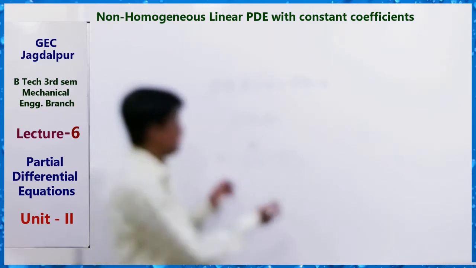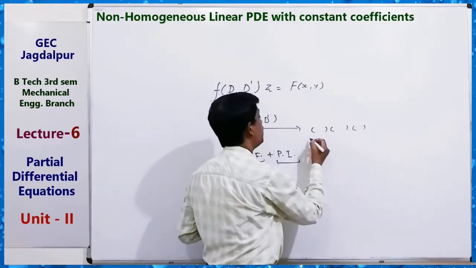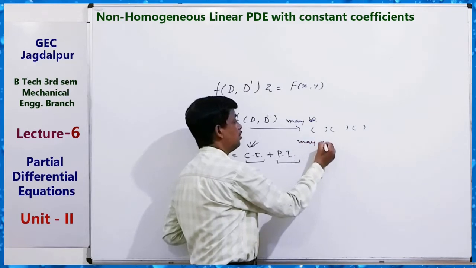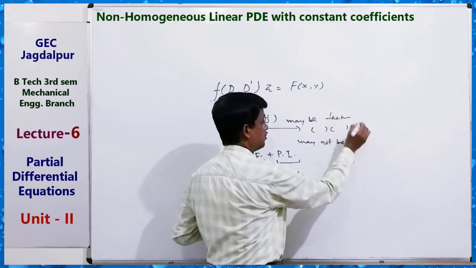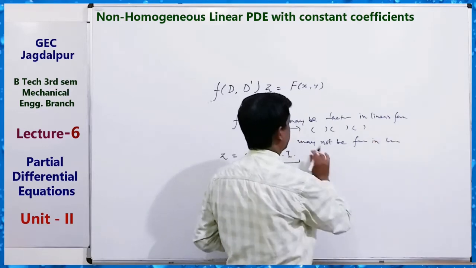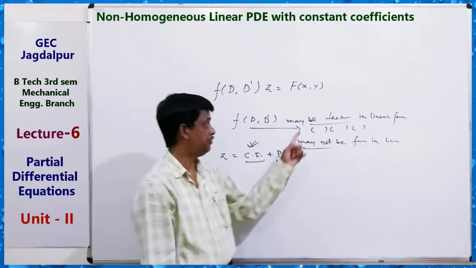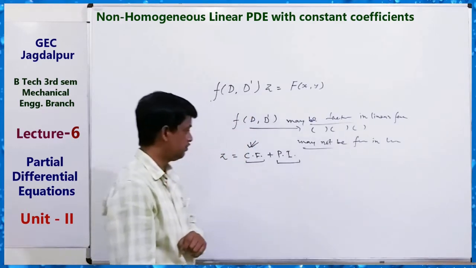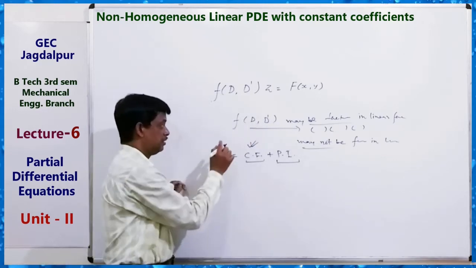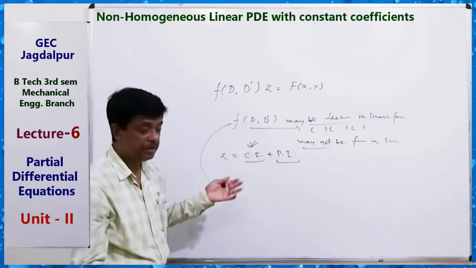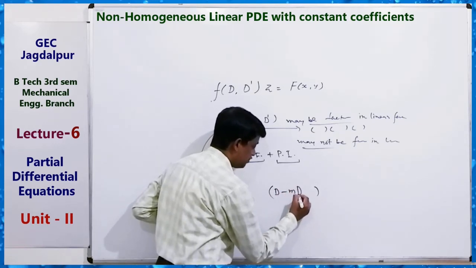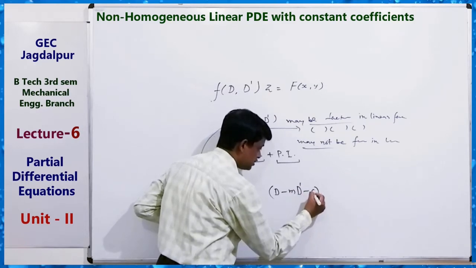So this may or may not be factorized in linear factors. If it may be factorized, then because this is not homogeneous, a factor of this may be like this: D minus m D dash minus c.